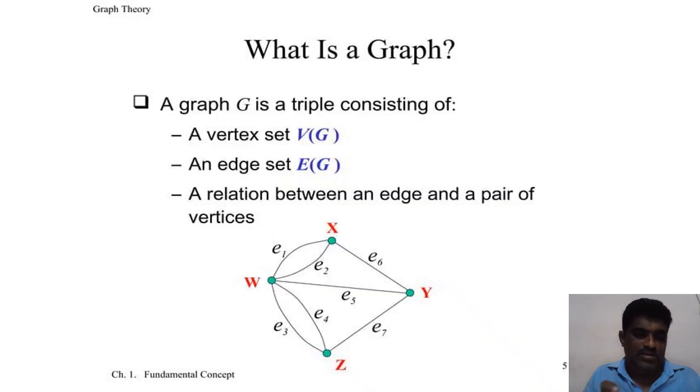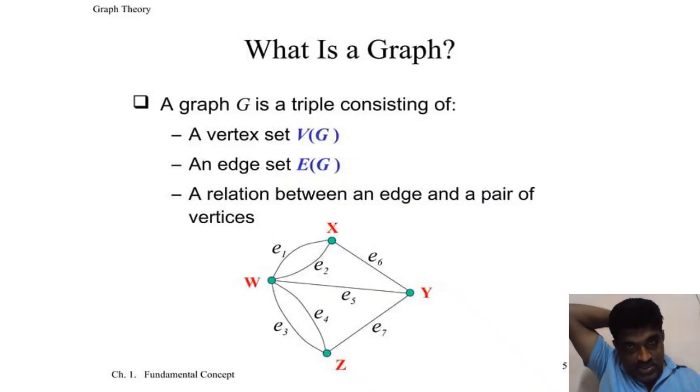The vertex set is denoted as V of G. In this graph, we have four vertices W, X, Y, Z. Now come to the next page.